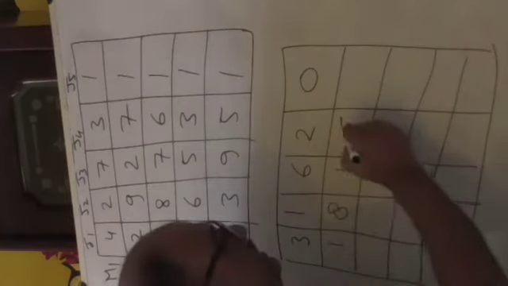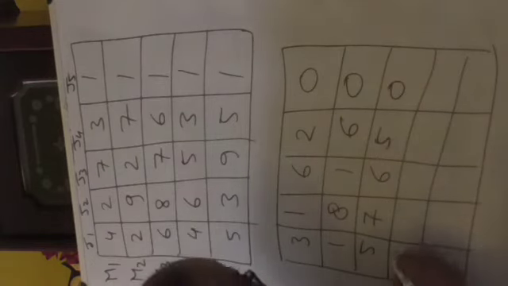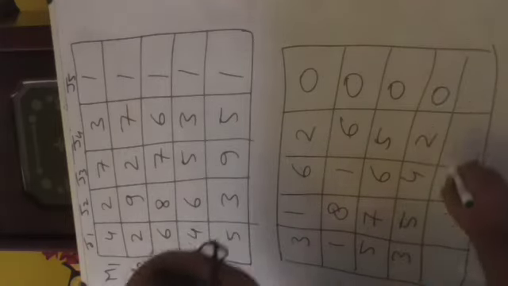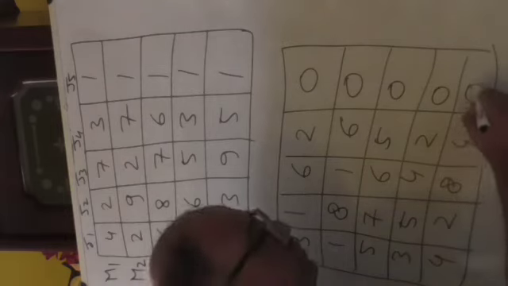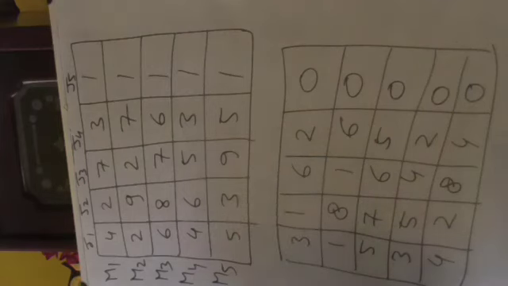This will become 3, 1, 6, 2, 0, 1, 8, 1, 6, 0, 5, 7, 6, 5, 0, then 3, 5, 4, 2, 0, and finally it's 4, 2, 8, 4, 0. So we have done the row operation.